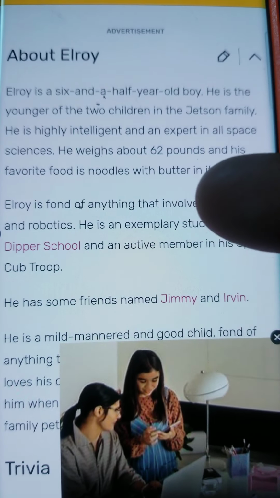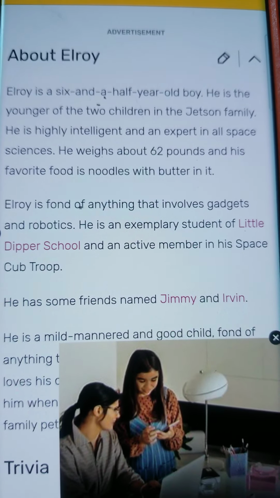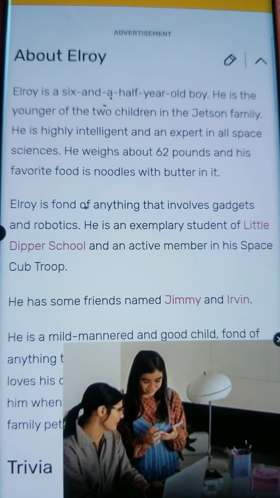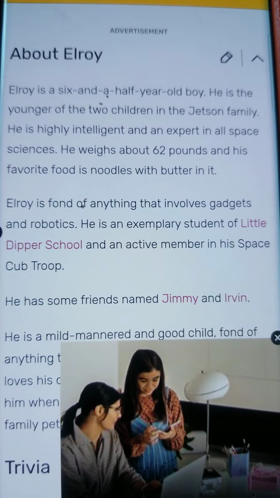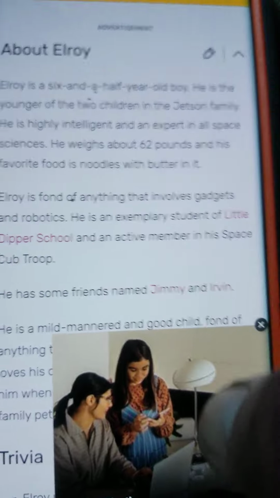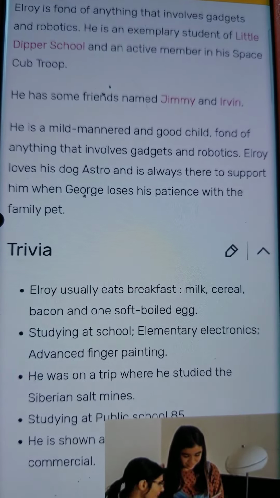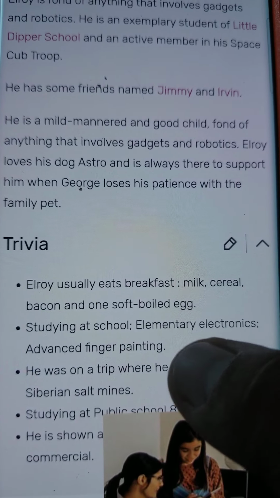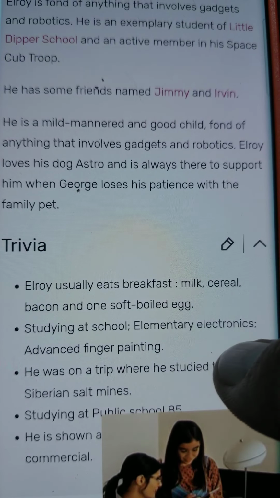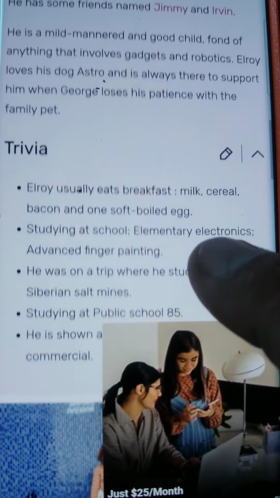He weighs about 62 pounds. 6 plus 2 is 8. Okay, there goes the infinity sign. Meta. Meta. All right. And over here, elementary electronics. Everything's going to be electronic.